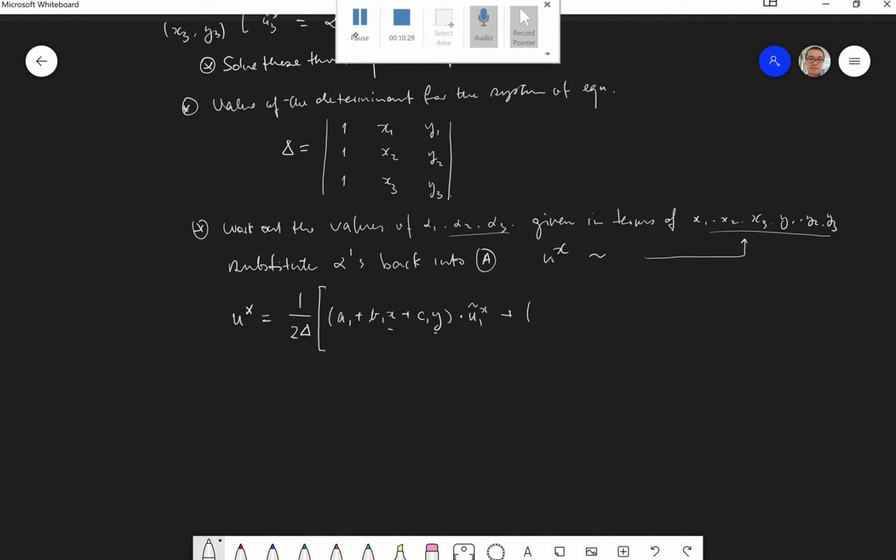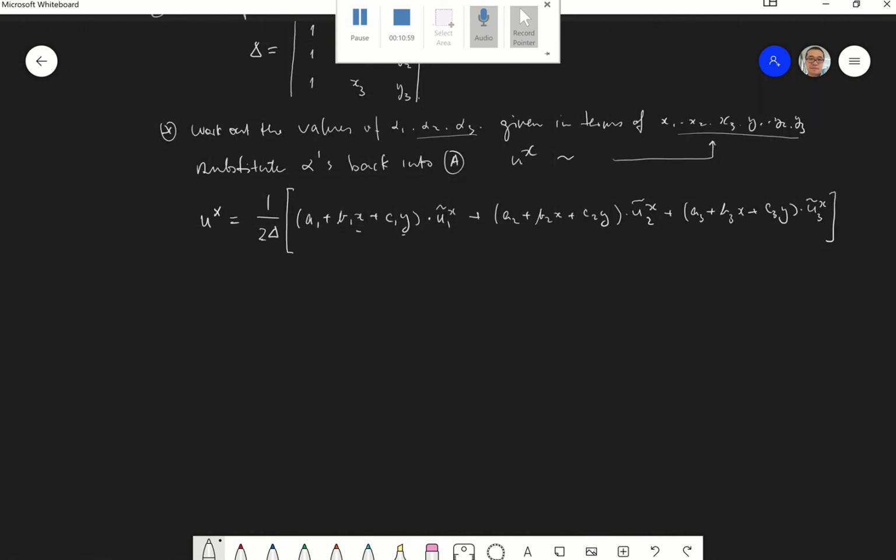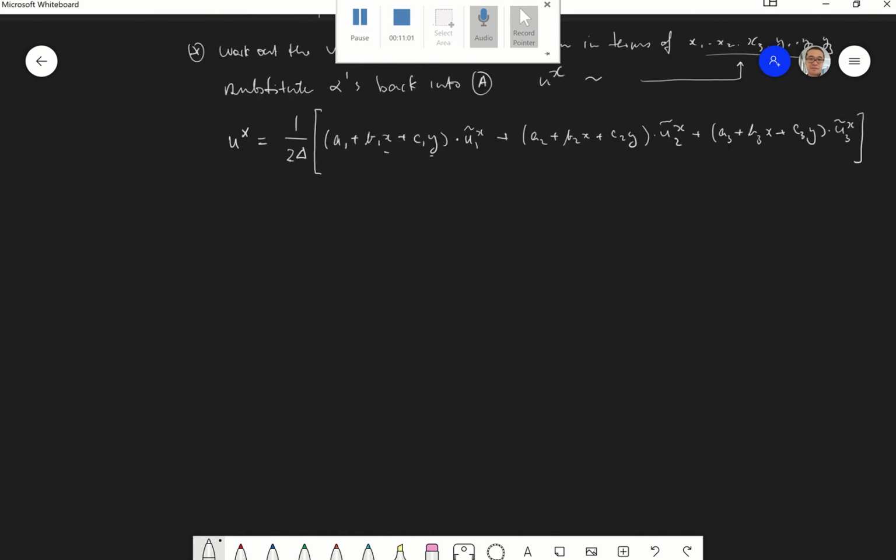Similarly, we have (A2 plus B2 x plus C2 y) times u2x, plus (A3 plus B3 x plus C3 y) times u3x. This probably doesn't make sense at the moment, but basically all these A, B, and C are coefficients.